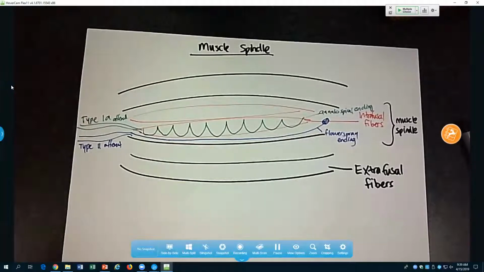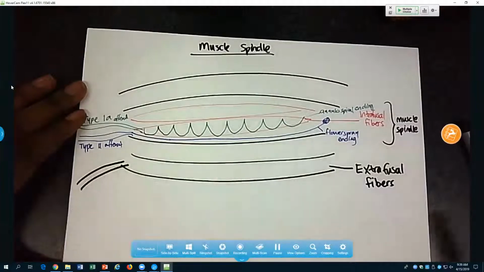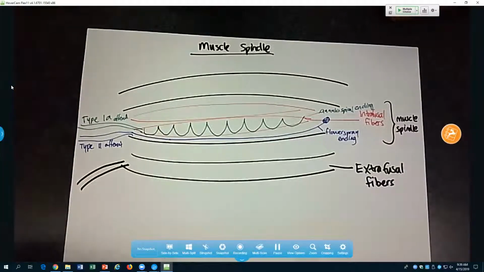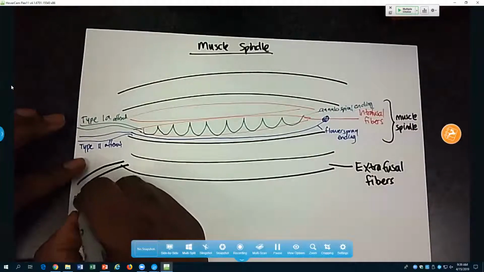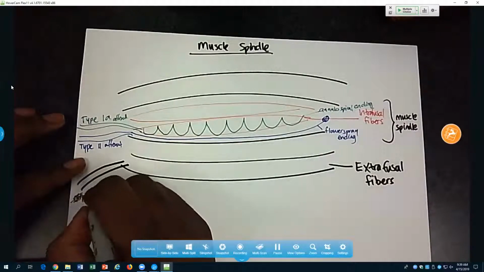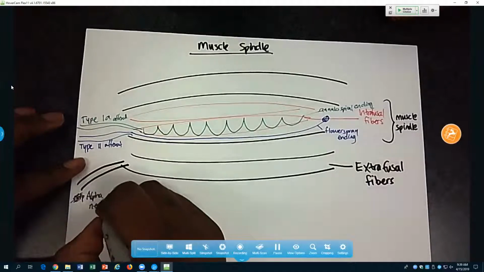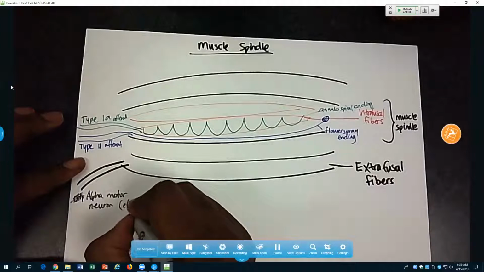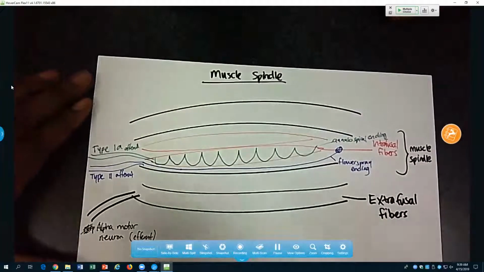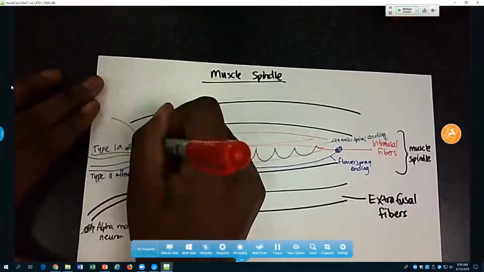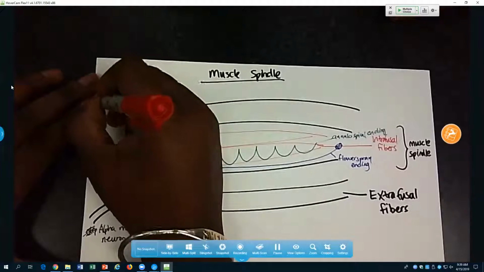The efferent fibers to the extrafusal fiber were basically alpha motor neurons, and the efferent fibers to the intrafusal fibers were gamma motor neurons.